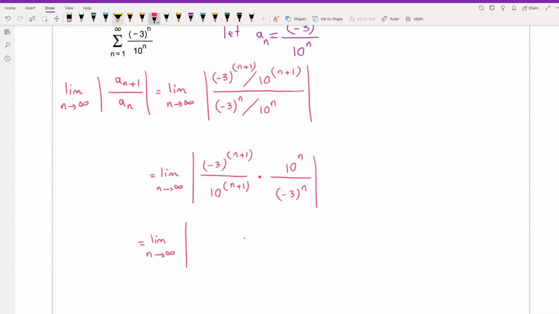So here simplify, we have this part divided by what we have here in the denominator. So we're going to have negative 3 on top, and for 10 to the nth power divided by 10 to the power n plus 1, we're going to have 10 in the denominator. So here we have negative 3 in the numerator, and in the denominator we have 10.